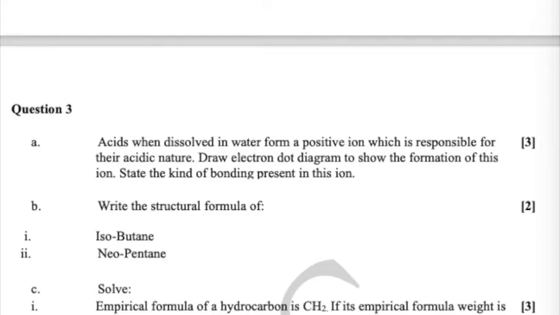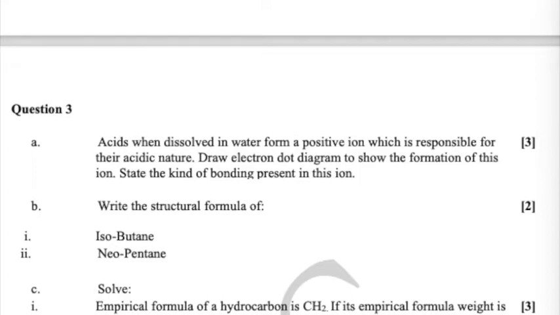The kind of bonding present is coordinate bonding. By the way, since we have water, are we supposed to mention covalent as well as coordinate? Both, right? You can, but I think it should be more coordinate, that's what they are expecting.